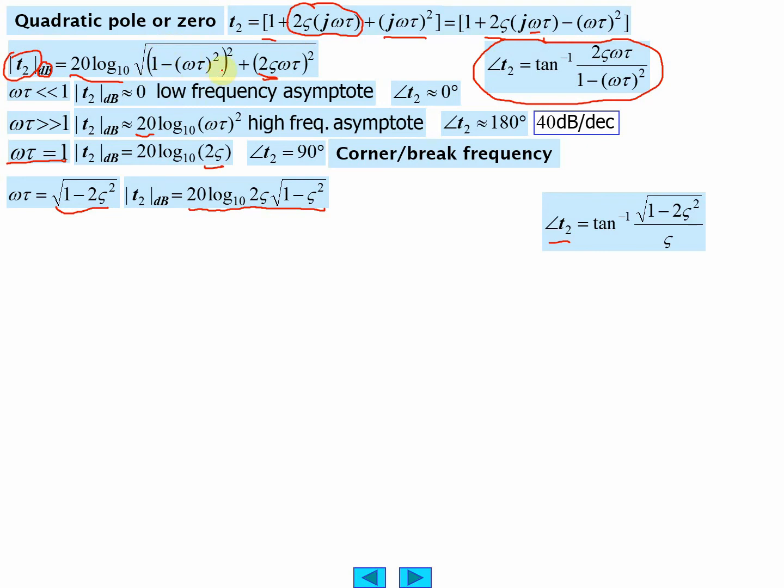The real part becomes minus 2 zeta squared omega tau squared over the real part. Excuse me, here's the real part. Imaginary part, real part.